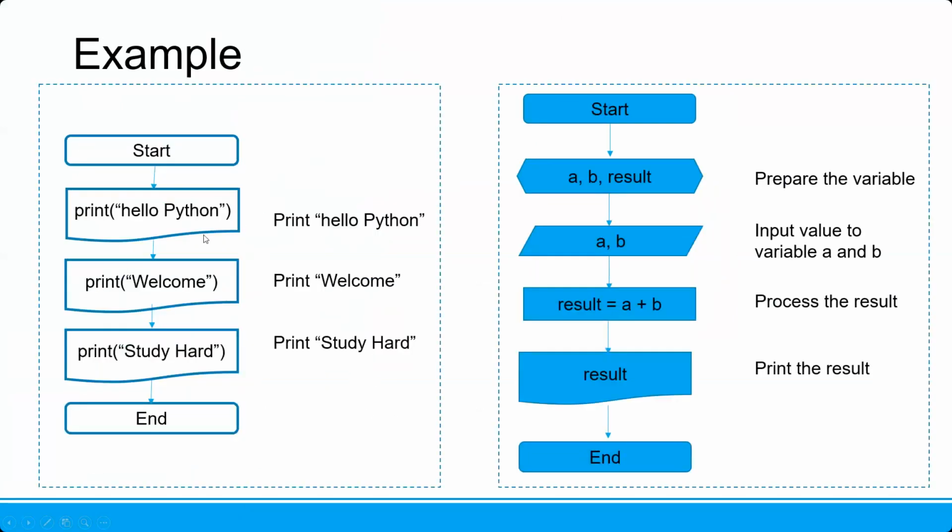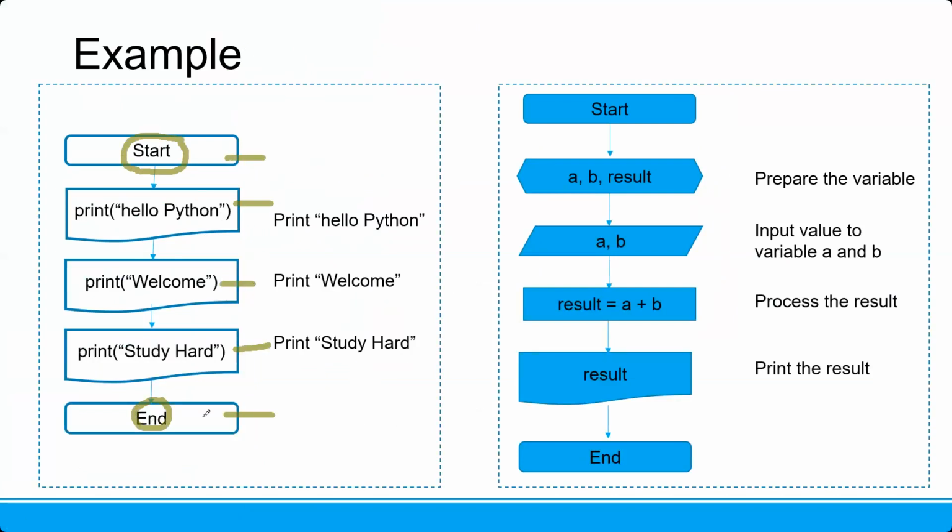Now let's see. Today we are going to learn about sequential. Sequential means we just start from the beginning and complete at the end. So it is starting from here and then go here, go here, go here, finish.